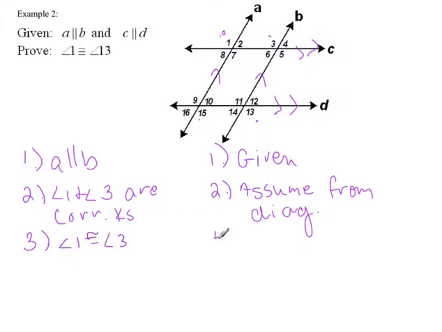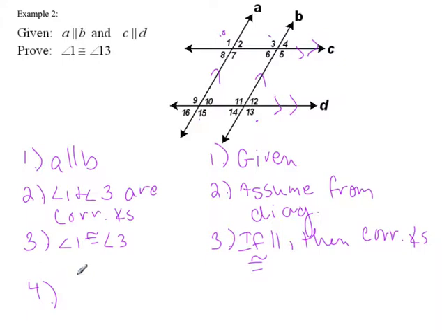And the reason for that, oh boy, that's a lousy looking 3. One more try. The reason for that is that if lines are parallel, always remember, if lines are parallel, then corresponding angles are congruent. So there's one. Now that I've said that, I would like to say that I know that angle 3 is congruent to angle 13.